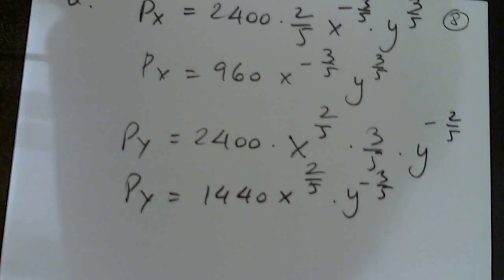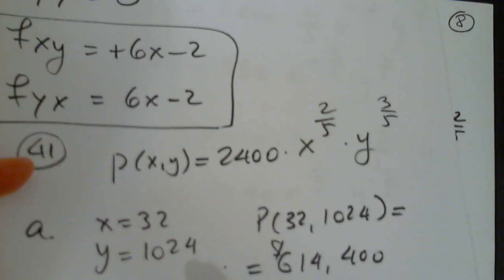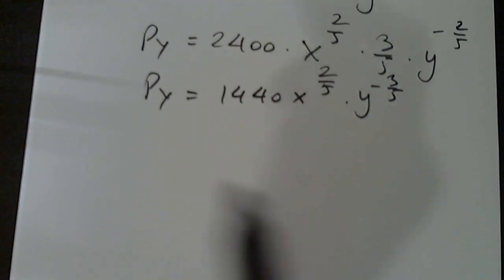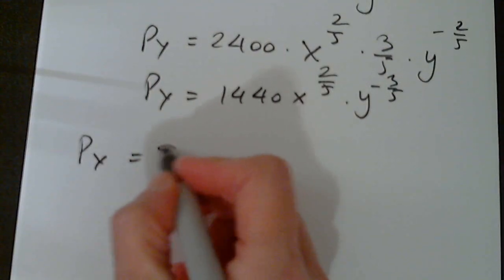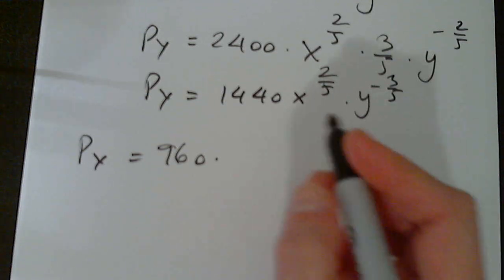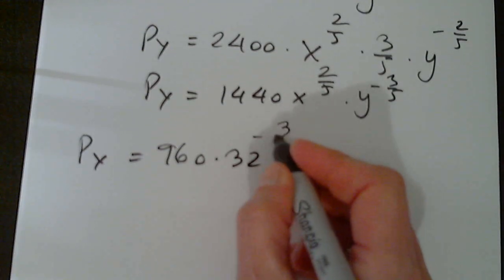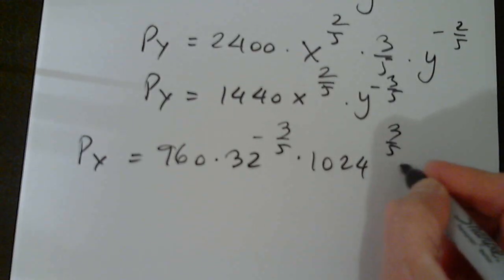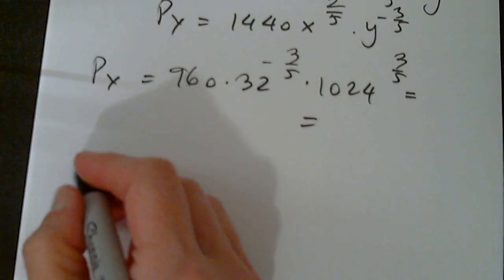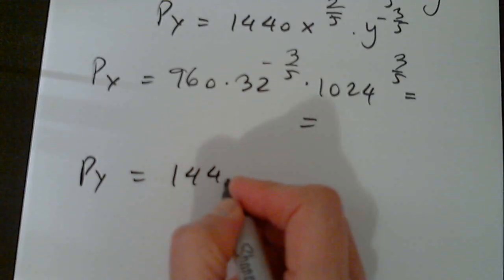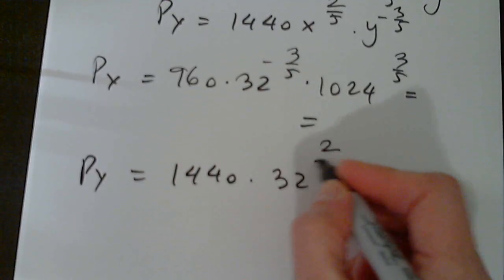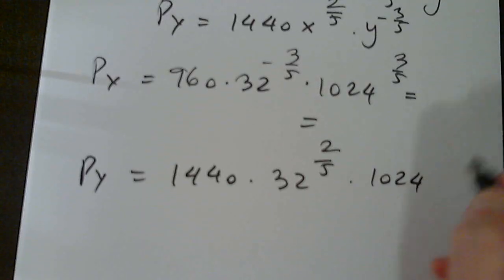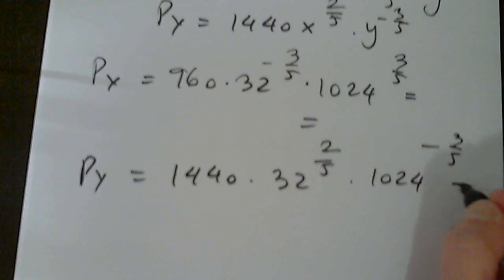Now they're asking us to determine Px at this point, and determine Py at this point. So Px, 960 times 32 to negative 3/5 and times 1024 to 3/5. And also Py, 1440, 32 to 2/5 and 1024 to negative 3/5.